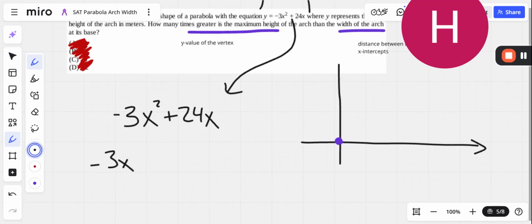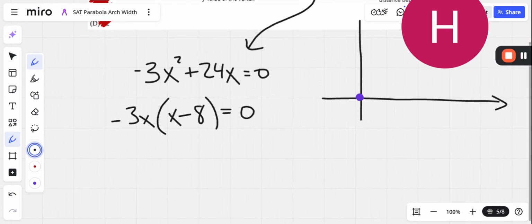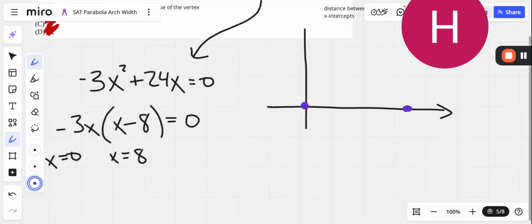So let's take out negative 3x. If this is equal to 0, we take out negative 3x, and we're left with x minus 8. So that means our two intercepts are x equals 0 and x equals 8. So there's the other one, I'll just put it here arbitrarily. And so the width along the base is a distance of 8.